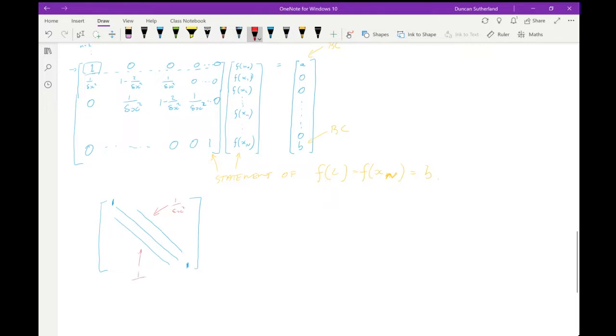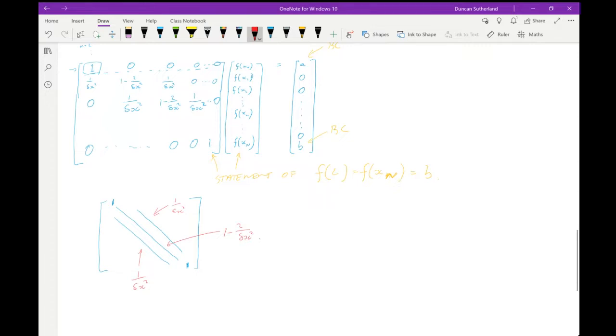This band is also going to be 1 over delta x squared. And this band for this particular equation is going to be 1 minus 2 on delta x squared. All right, so that's how we construct our finite difference problem. And what we've done is we've now gone from an ODE to a matrix problem.